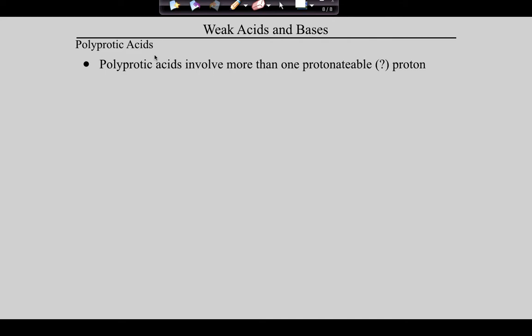But actually, guys, there is a word for it. We call these acidic hydrogens, which makes sense, right? It's the hydrogens that go away.